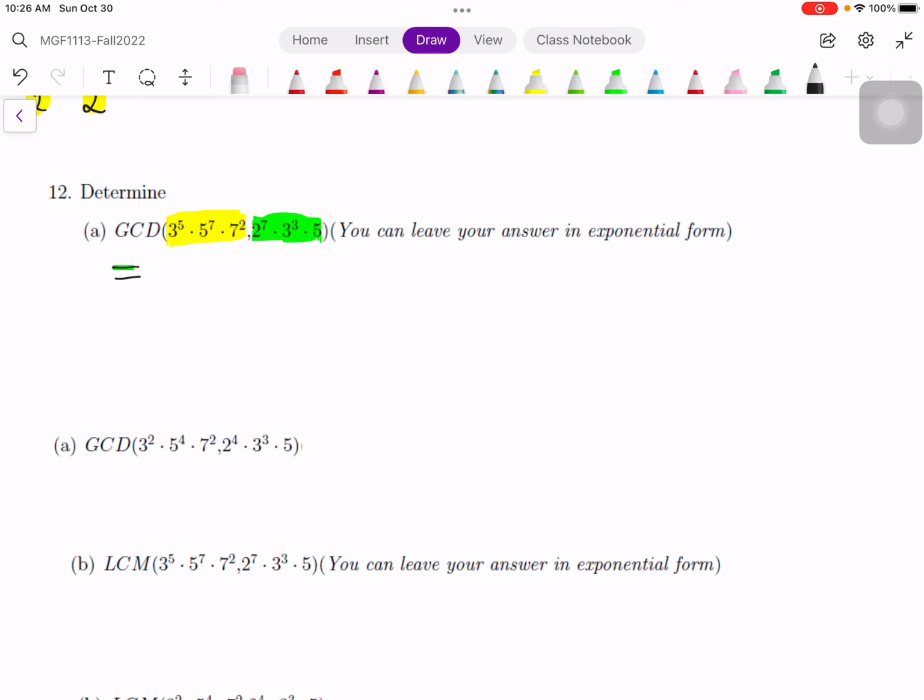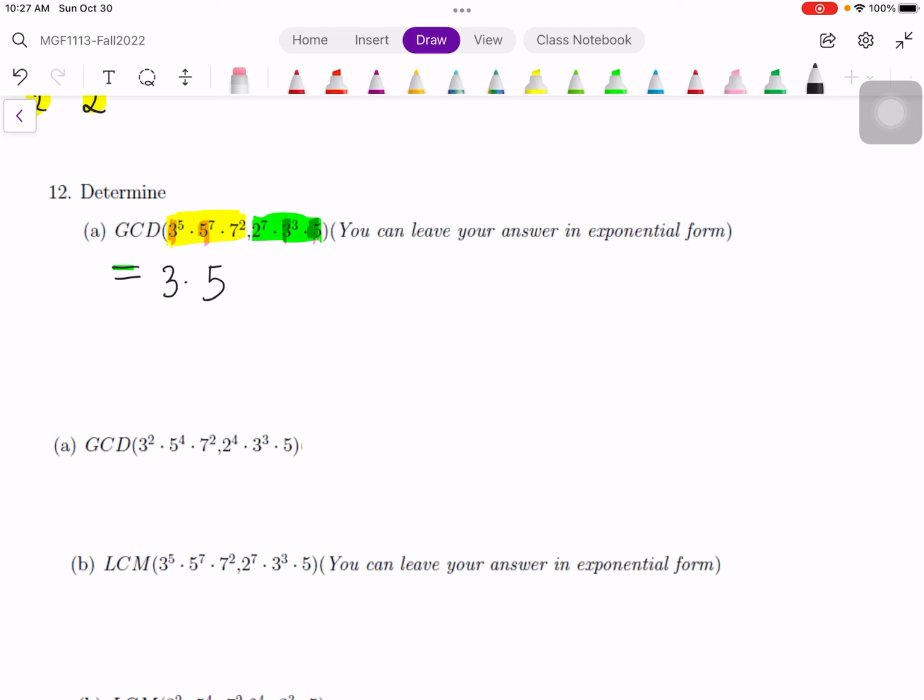First, common means that you're looking for some common factors. So if I look at common prime factors in both numbers, then I see 3 is a common prime factor and 5. Those two show up in both numbers, not 7 and 2. So for sure that's going to be 3 and 5.